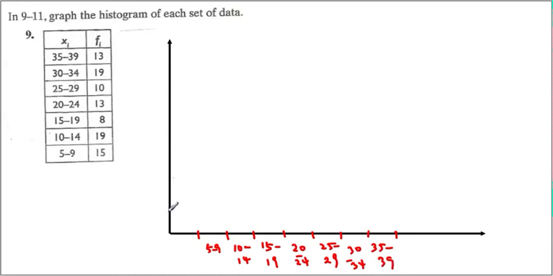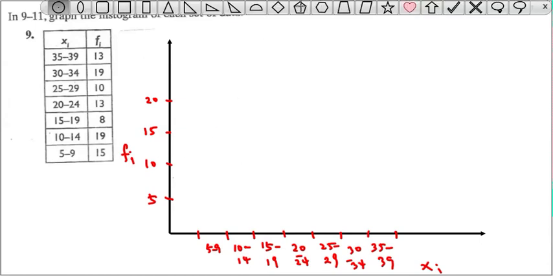Alright, and then here I'll say this is 5, this is 10, 15, 20. Here is F, and then this will be X. Alright, so what I'm going to do is use rectangles.